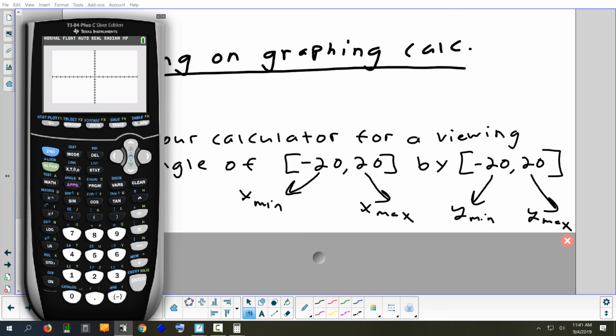All right, now what they want us to do is set a window from -20 to 20 and -20 to 20. Okay, let me show you why you might have to do that. I'm going to type in under y equals x, which is right below mode, squared, which is over on the left-hand side, plus 10. And I'm going to hit graph.